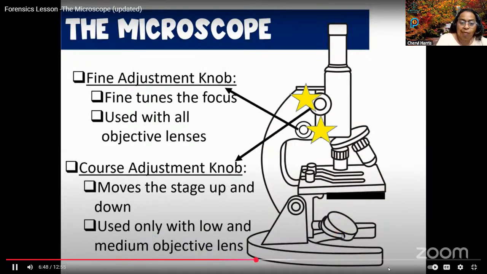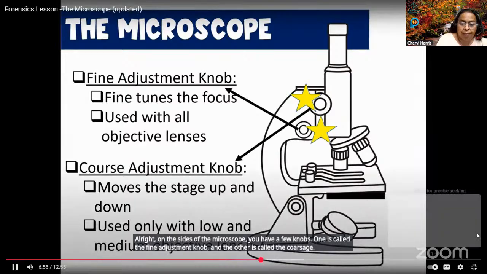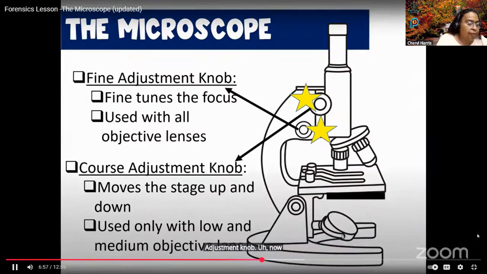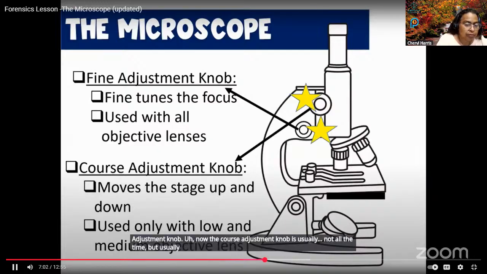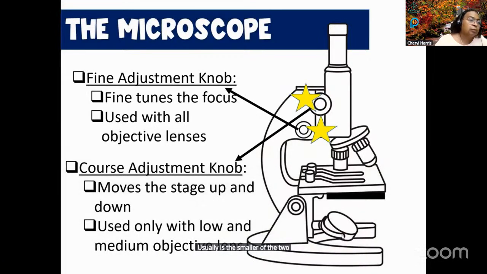All right, on the sides of the microscope, you have a few knobs. One is called the fine adjustment knob, and the other is called the coarse adjustment knob. Now, the coarse adjustment knob is usually, not all the time, but usually your larger of the two, and your fine adjustment knob usually is the smaller of the two. The fine adjustment knob helps to fine tune the focus.